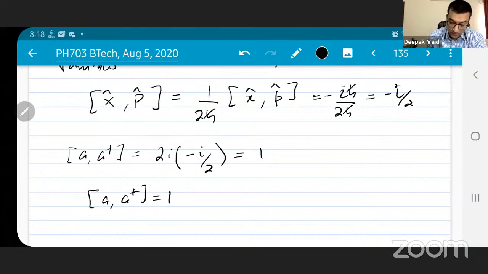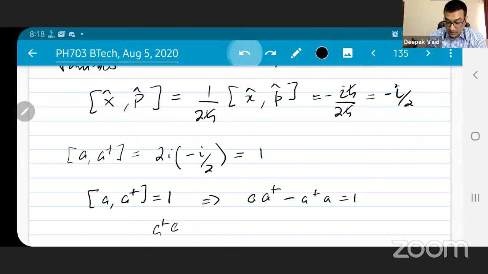Now, this is the first thing. Because this is 1, what does this tell us? It tells us that a a dagger minus a dagger a is 1, right? That's the commutator. So, as Sudeep was asking just now, I can always write a a dagger as a dagger a plus 1, right?